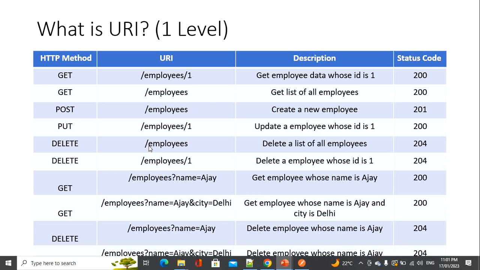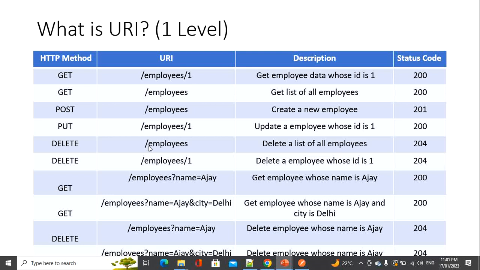Now while forming URIs, there are two approaches: first level URI and two levels of URI. First we will discuss the first level URI, and how we form the endpoint. As I said, REST deals mostly with CRUD operations, so let's play with the employees resource data.